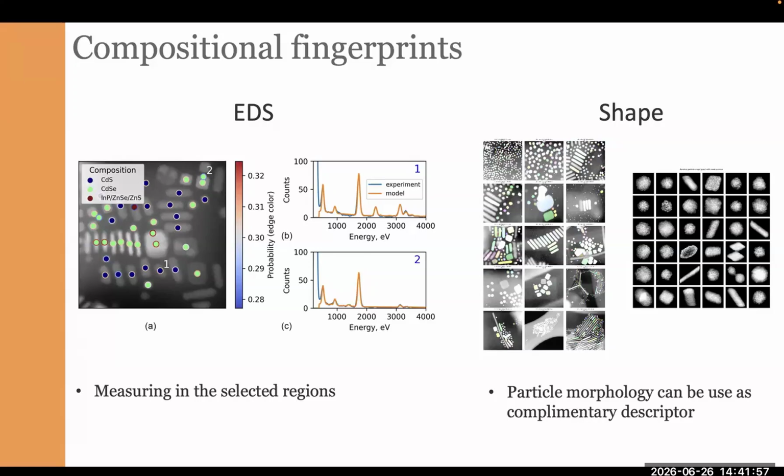But in the case of nanoparticles, we also have an additional descriptor, and the simplest one is just the shape. So we may differentiate different types of particles by shape, and from this perspective, a method such as deep kernel learning can be of big interest for investigation.